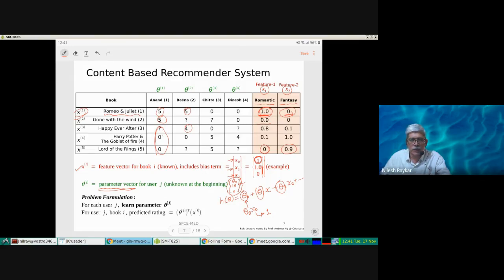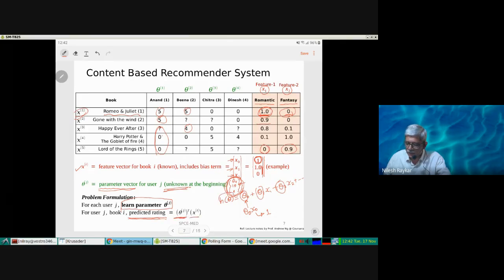At present, we don't know the preferences of the users, and we want to infer them from the ratings given by these individual users. So these theta terms are unknown at the beginning of this model. Out of these content-based recommenders, we would learn the values of theta j, and how we learn it is by using the formulation. Our hypothesis is that the predicted rating by each user is given by the inner product, or the dot product, of the user parameter vector, that is the theta vector, and the x vector.